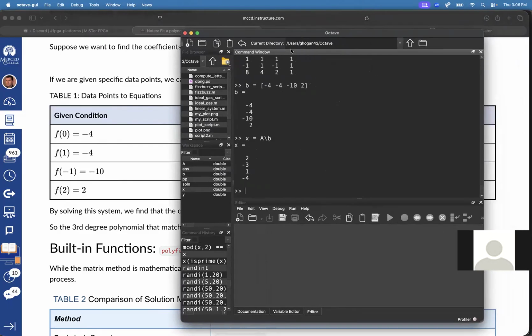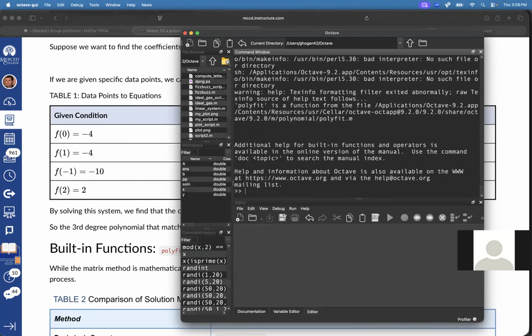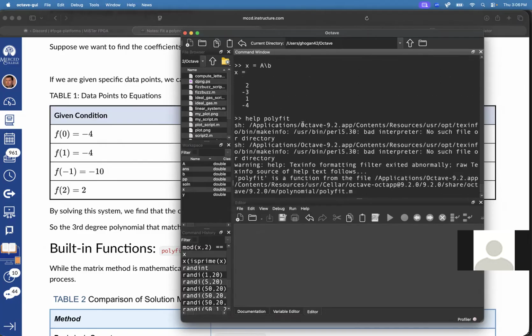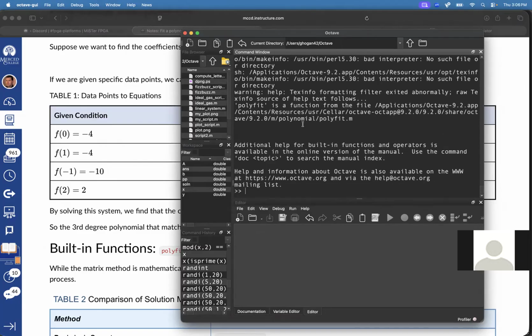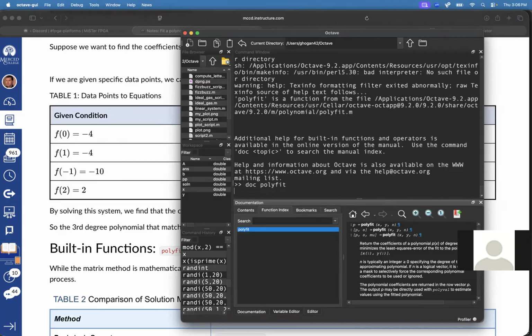So with polyfit, we can check out the documentation for this, by the way. We can say help polyfit. I was going to say I don't have the documentation, but it looks like I do.